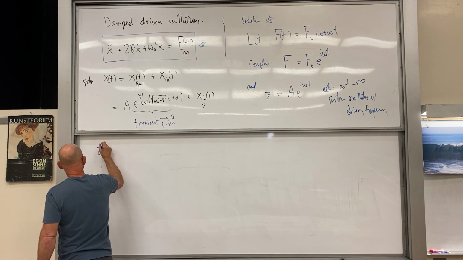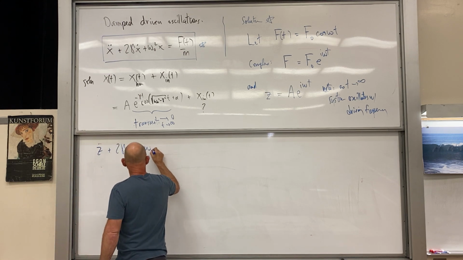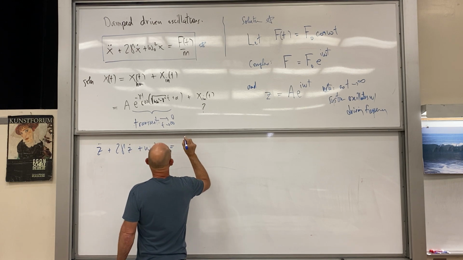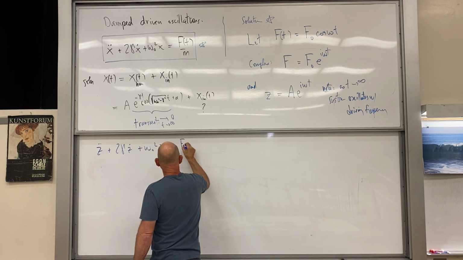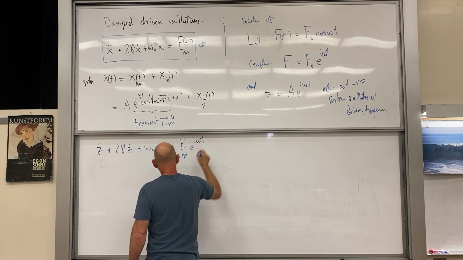We'll rewrite the differential equation: z double dot plus 2 gamma z dot plus omega naught squared z equals f naught over m e to the I omega t.